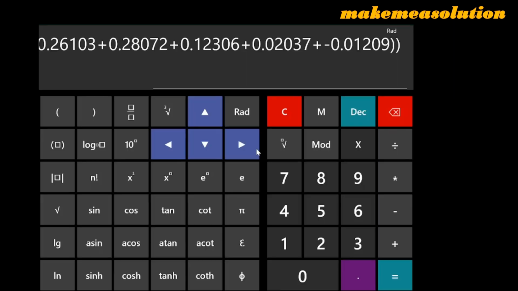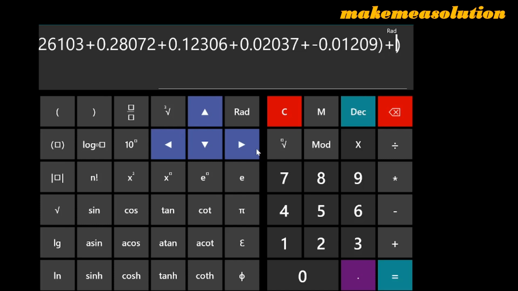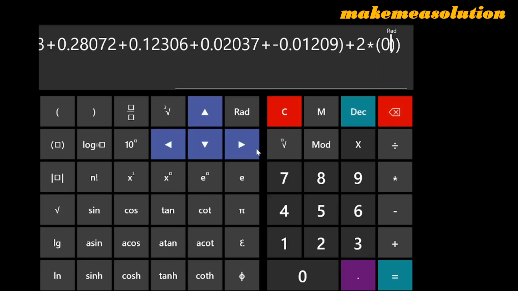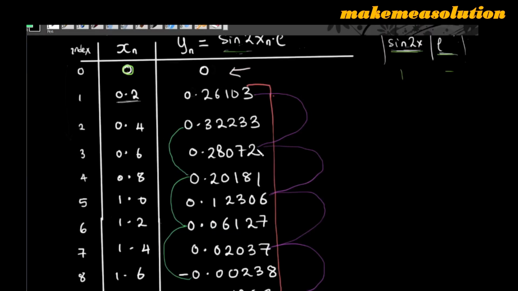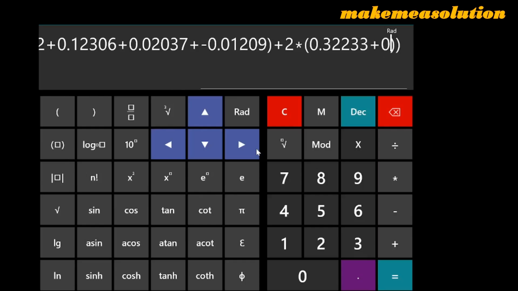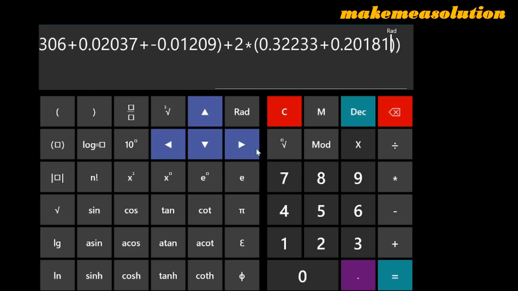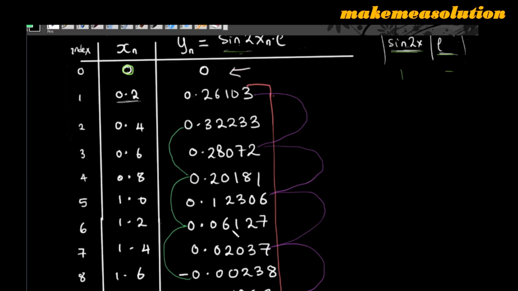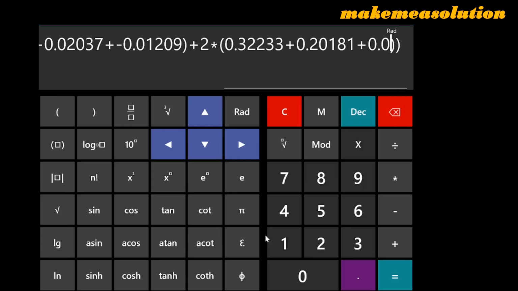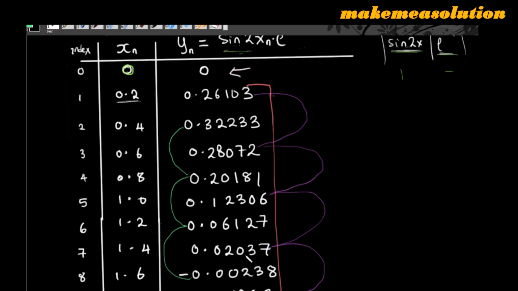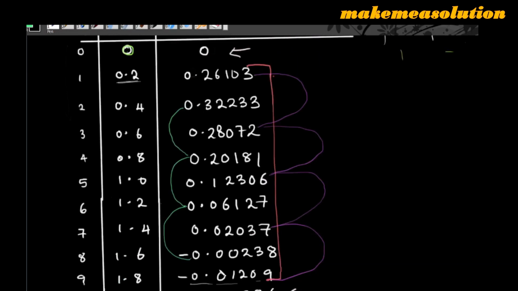So on our scientific calculator, we are going to say plus 2 times, open the bracket, then you now have 0.32, then plus 0.20181 plus the next one is 0.06127, then you now have plus, finally minus 0.00238.